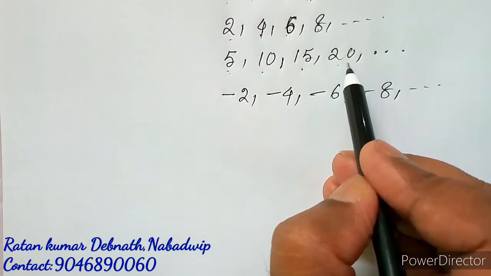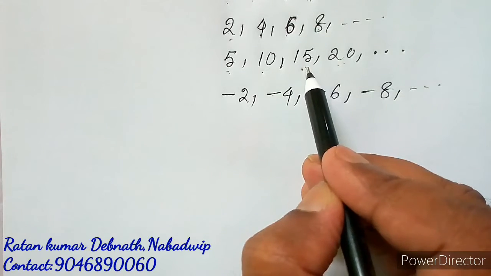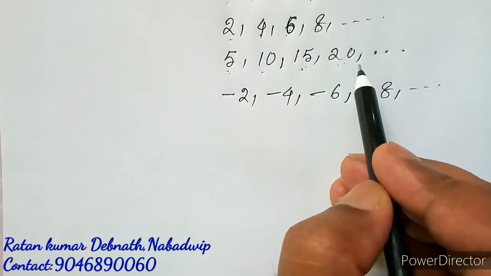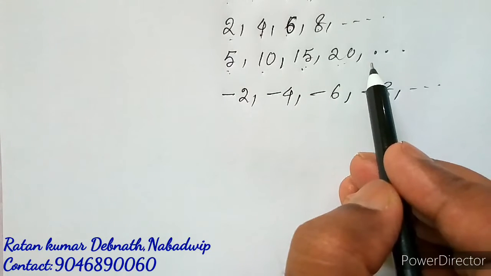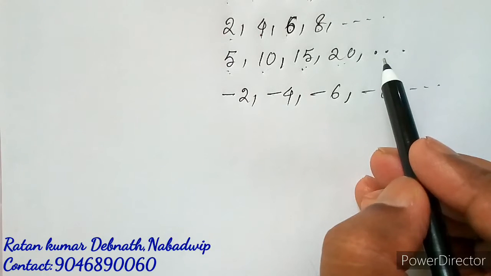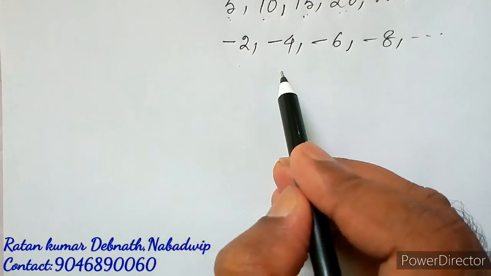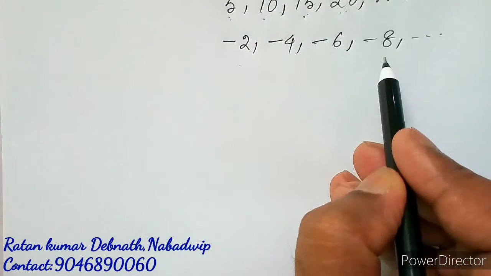Subtract the third term from the fourth one, you will get 5. So you can guess the next term of this series will be 25.